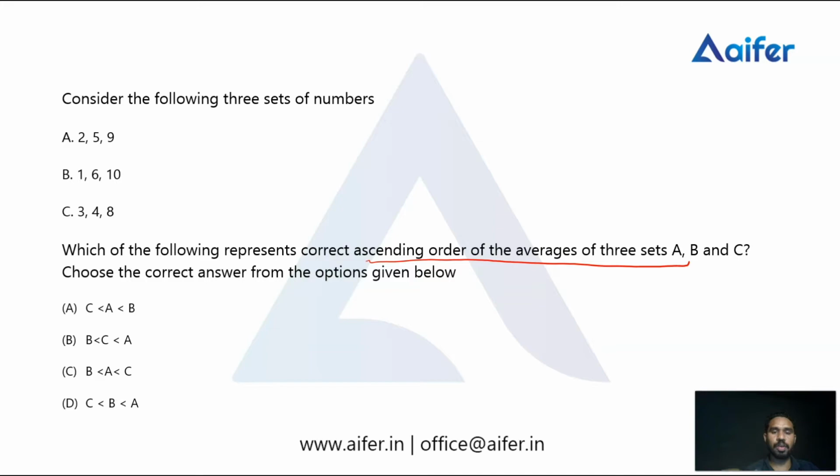So we know the formula of average. Average is equal to sum divided by number. So the average of A is the sum of the digits, 2 plus 5 plus 9, divided by 3, since three numbers are available. So 2 plus 5 is 7, 7 plus 9 is 16, so 16 by 3.